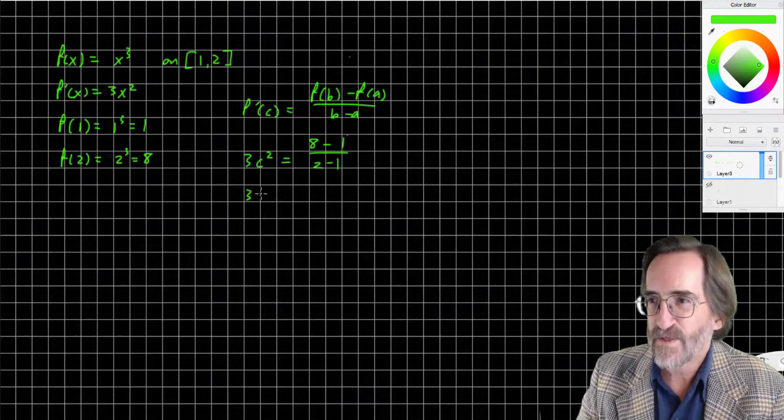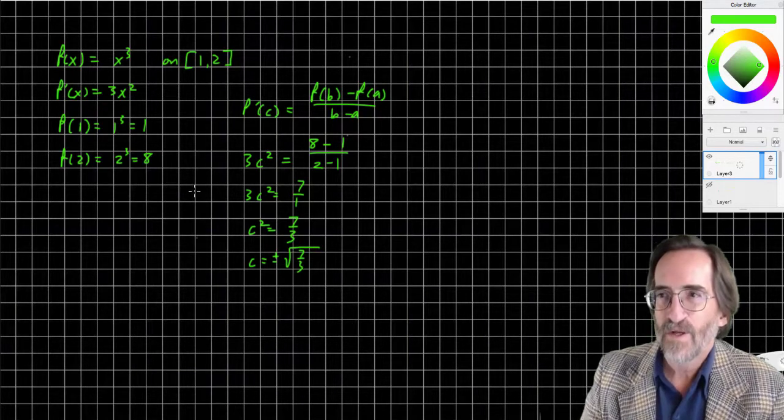So 3c squared is 7 over 1. C squared is 7/3. And c is plus or minus the square root of 7/3.